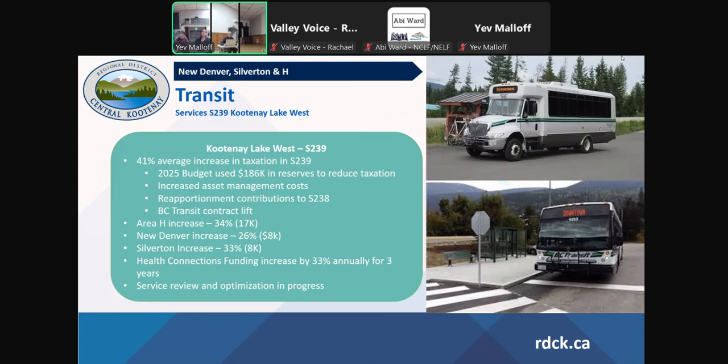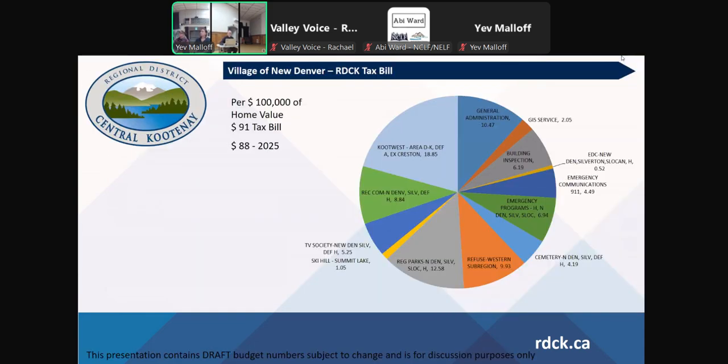Okay, I think that's the last of the services, so we'll jump into the pie charts for each of the municipalities and Area H. So this is for the Village of New Denver for the regional district portion of the taxes. So on the right is a pie chart showing where those funds go.